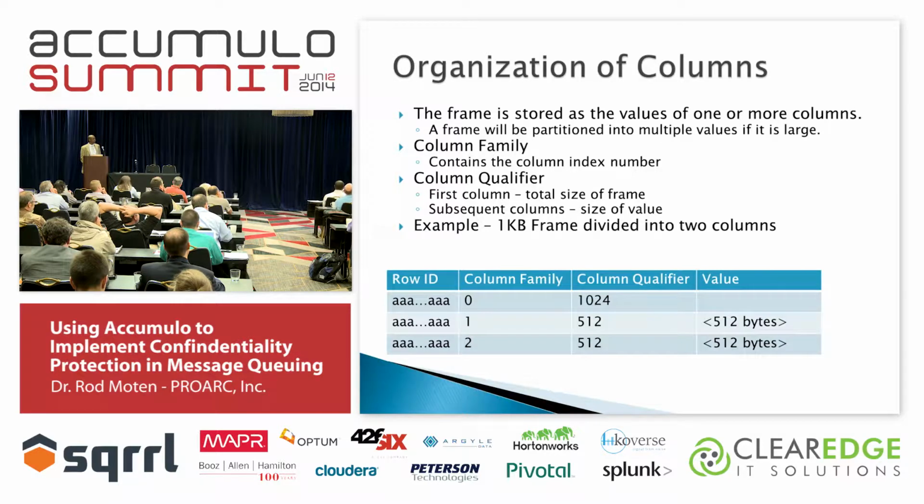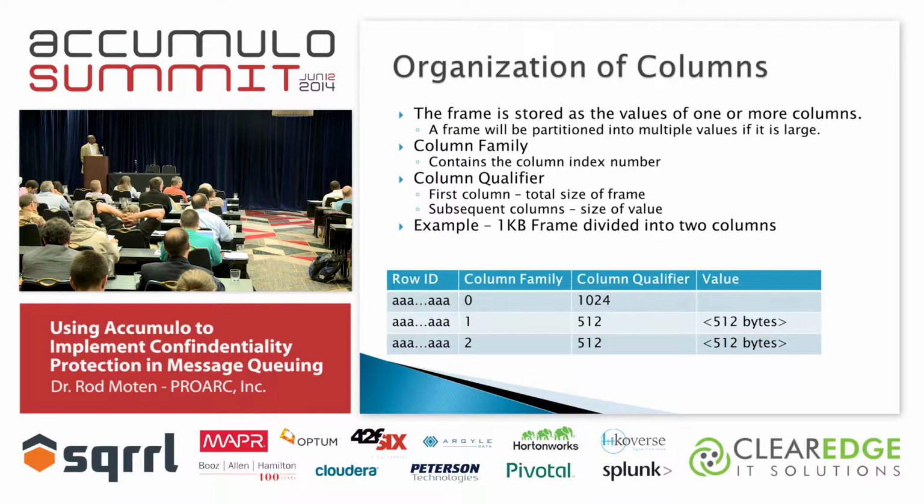So what we had to do is indicate in the column what the size of the value is, so when you do the read, you'll know how much data you need to read for the value. In particular, you take a frame and break it up into multiple columns.